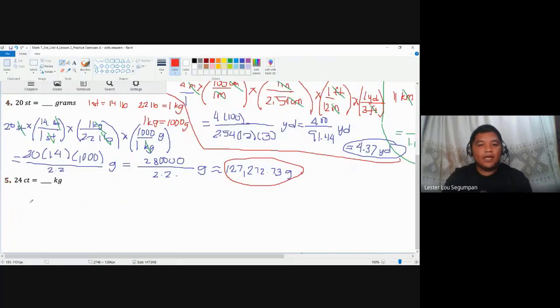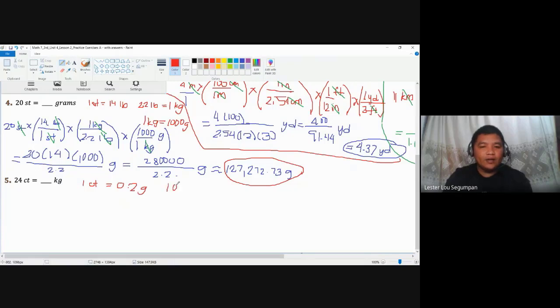And finally, you have 24 CT. CT is actually carats, to kilograms. We could convert it by passing through grams. Carats is a unit of measurement for mass. So we have the relationship that 1 carat is equal to 0.2 grams.